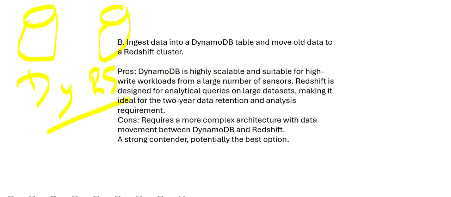Simple. You get your real-time data into DynamoDB and move the old data, the 2 years of data you want to keep, into Redshift. The architecture would be a bit complex, but it meets the requirement very well.